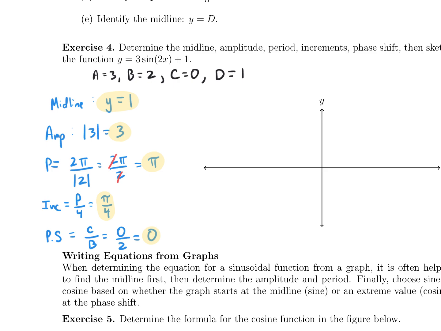So let's start with the midline. So we go to our graph, and let's put some tick marks here. So we got -1, -2, -3, etc. for +1, 2, 3, 4.